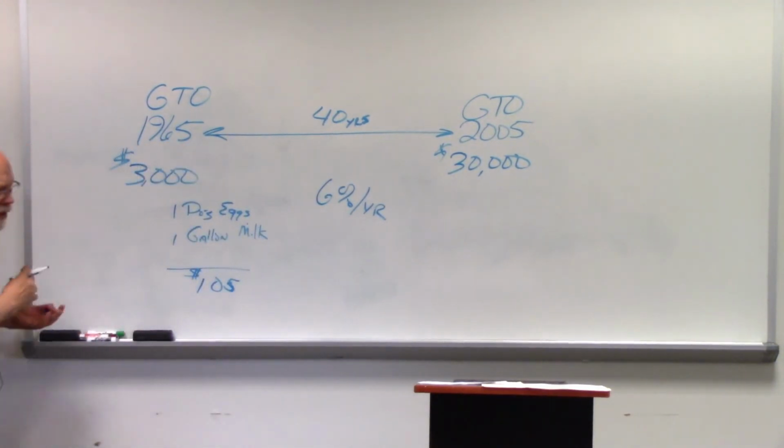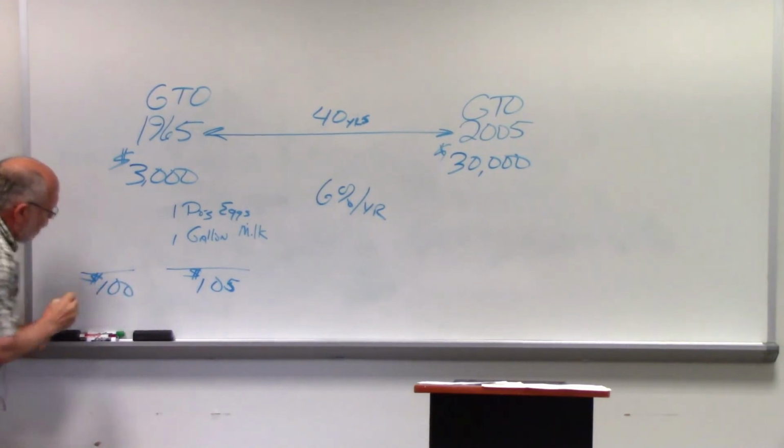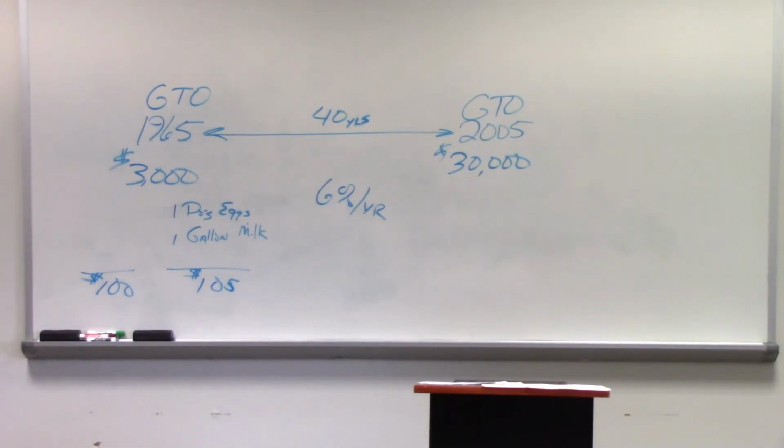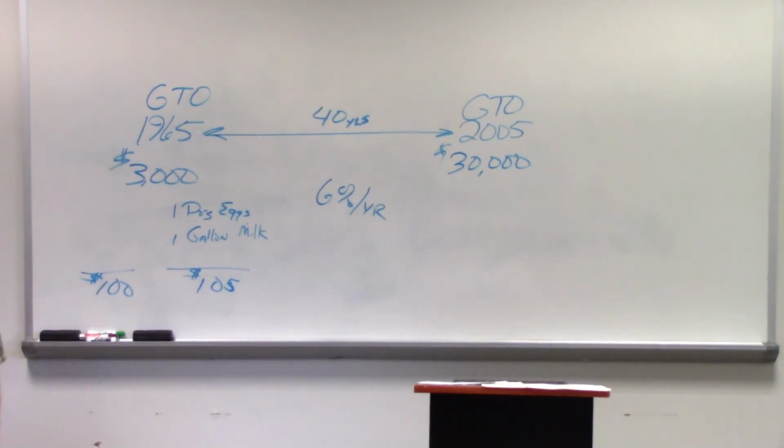What did the students get last year? And we look at the records and we go, oh, well, last year they only had to spend $100 to get all that stuff. But this year we have to spend $105. What would the price inflation be?